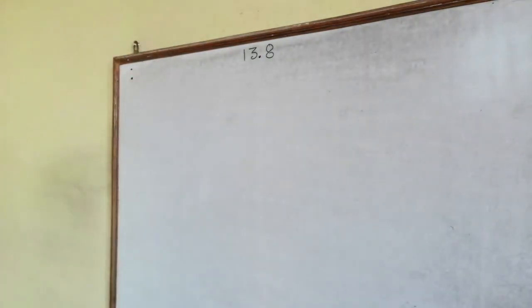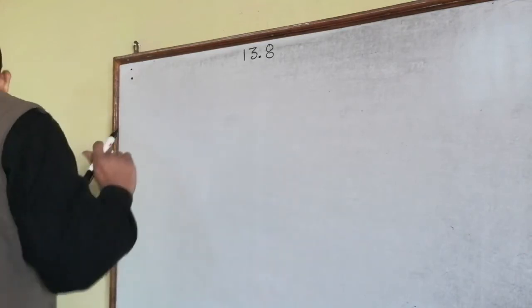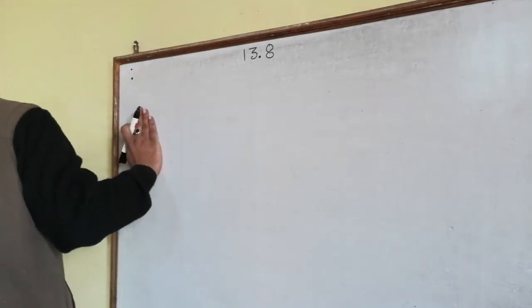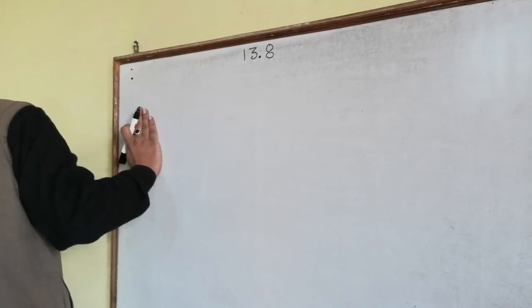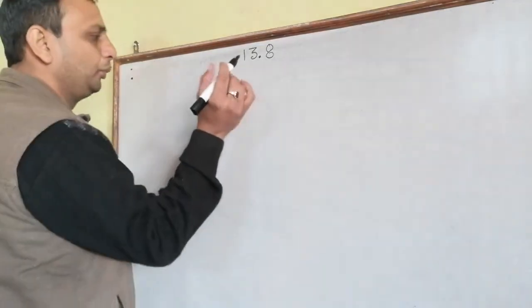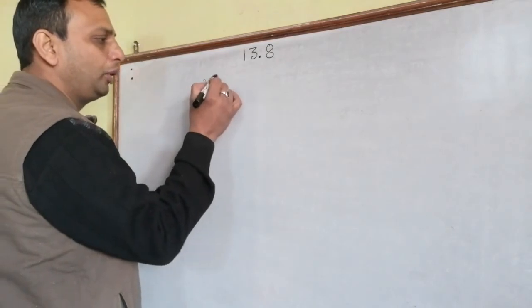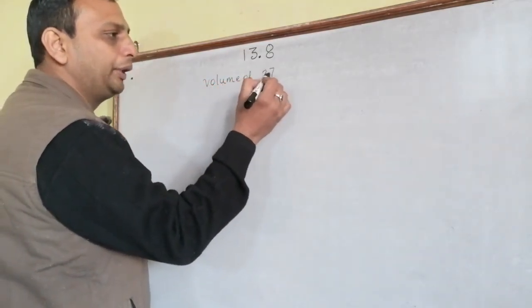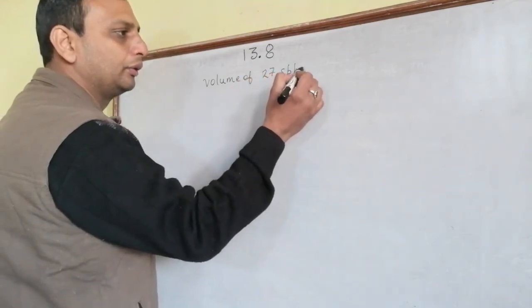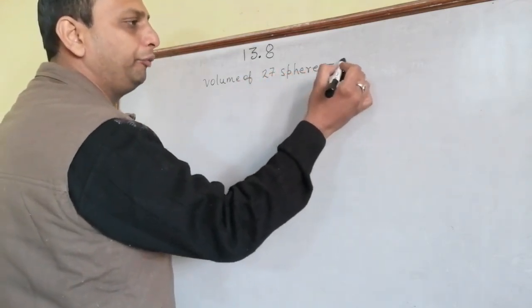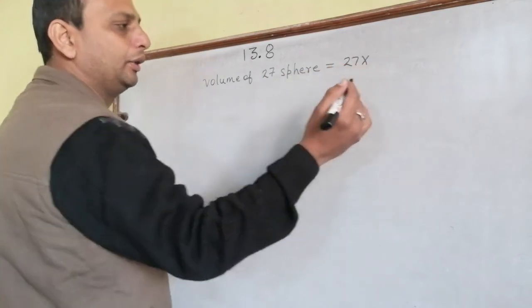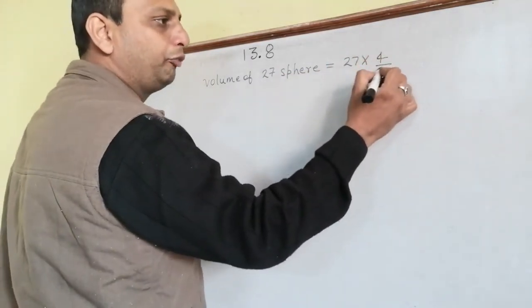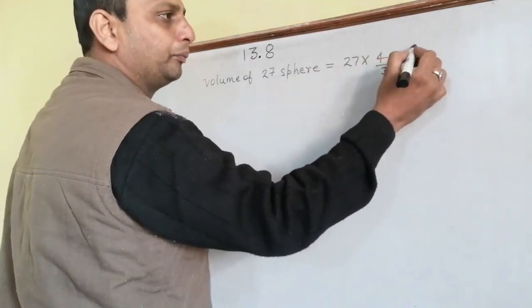So according to the question, the volume of the 27 spheres will be equal to the volume of the new sphere. So we'll write here, volume of the 27 spheres will be 27 multiplied by the volume of a sphere, whose formula is 4 upon 3 pi r cube.